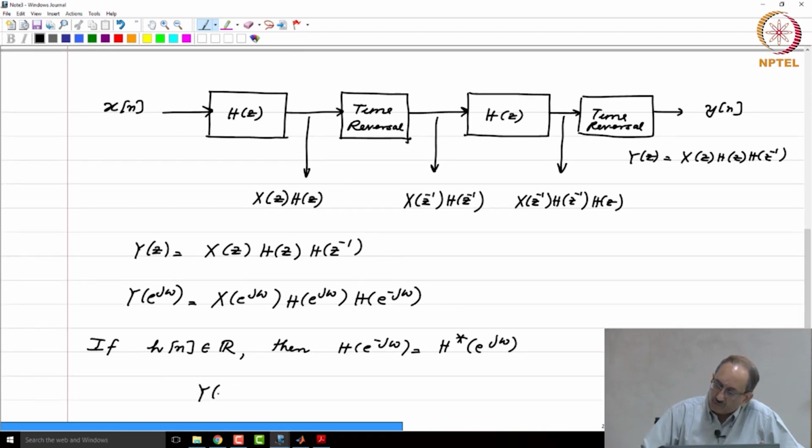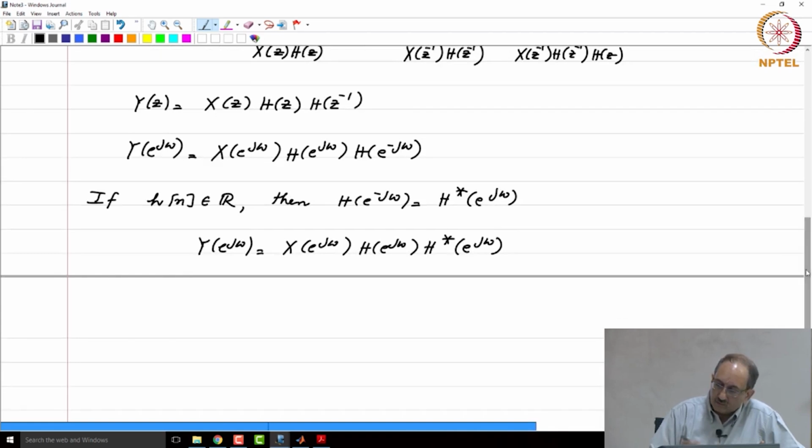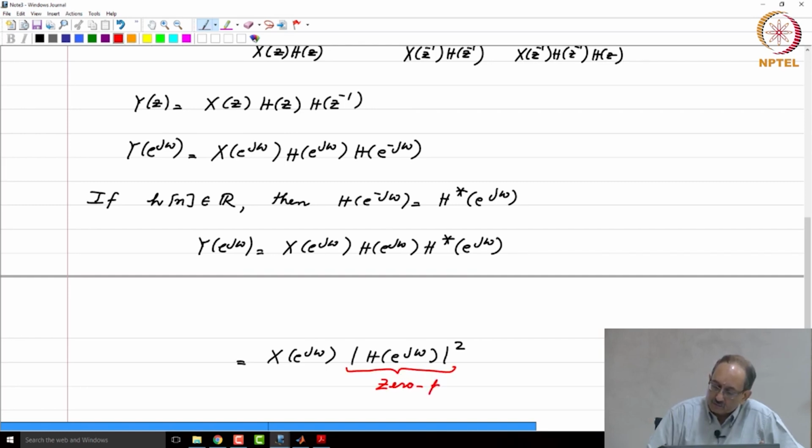Therefore, y of e to the j omega is now x of e to the j omega times h of e to the j omega times h star of e to the j omega, and clearly this is x of e to the j omega times h of e to the j omega magnitude squared, and immediately you are able to see that this is 0 phase.